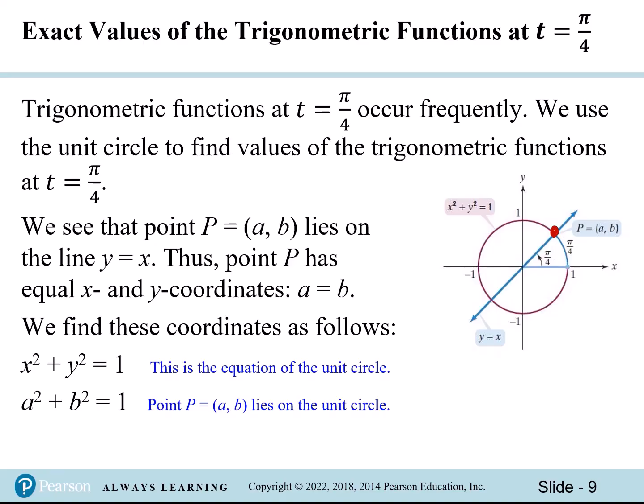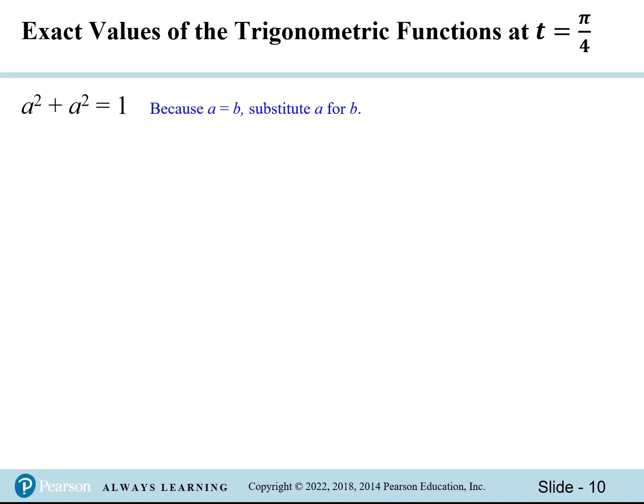We are now going to go through the exercise of finding the exact values of the trigonometric functions of a special angle, which is pi over 4 radians, which is the same as a 45-degree angle. We are going to start by finding the length of the sides of a right triangle which has a 45-degree angle in it.